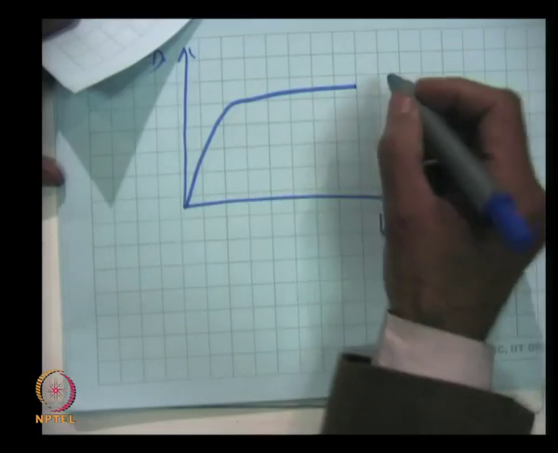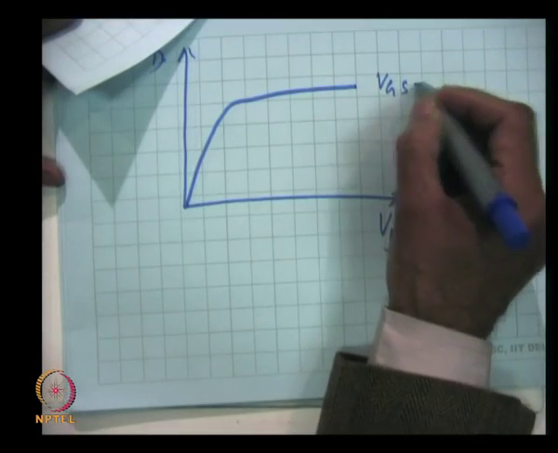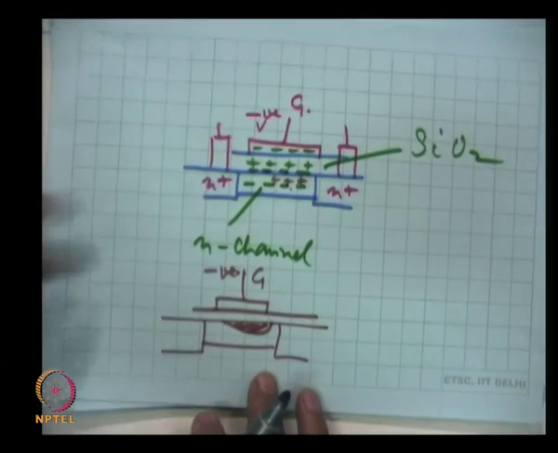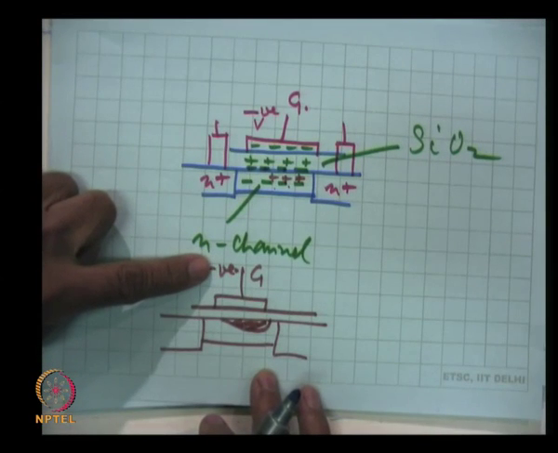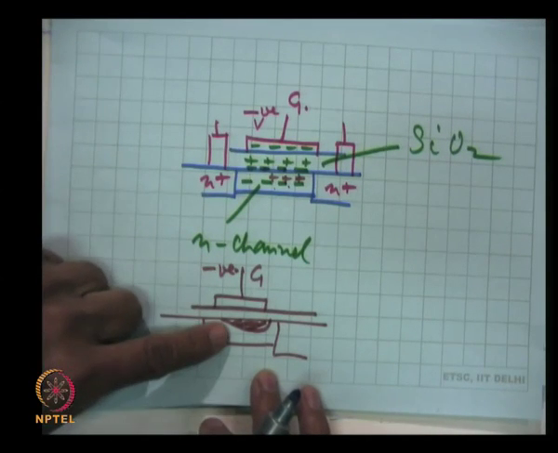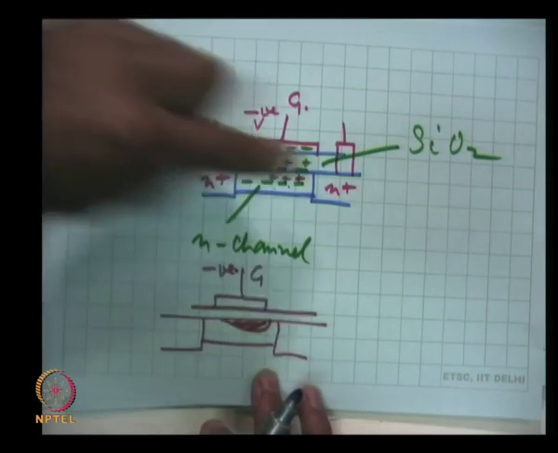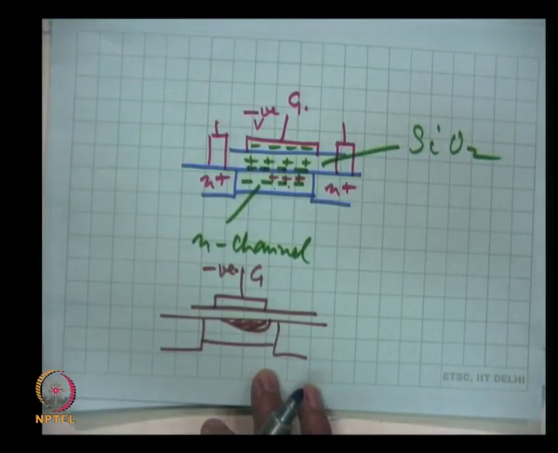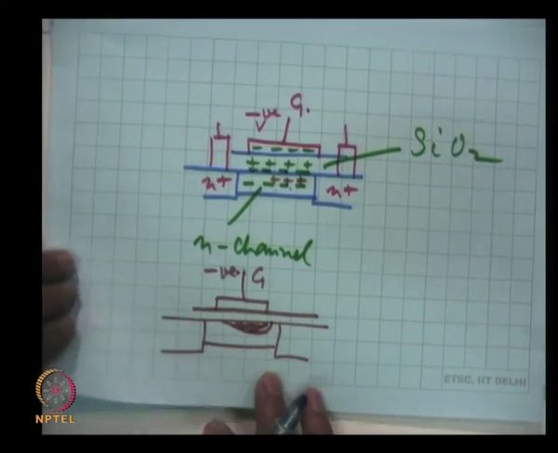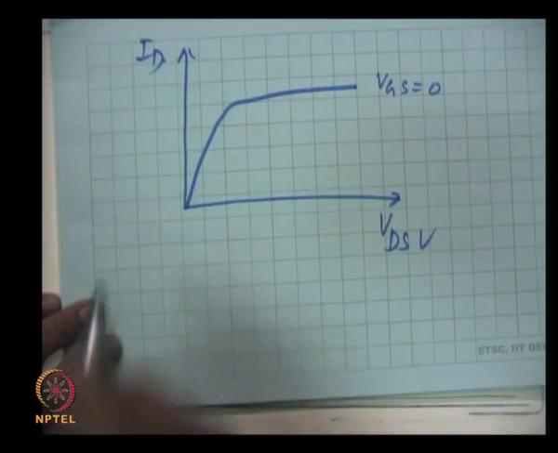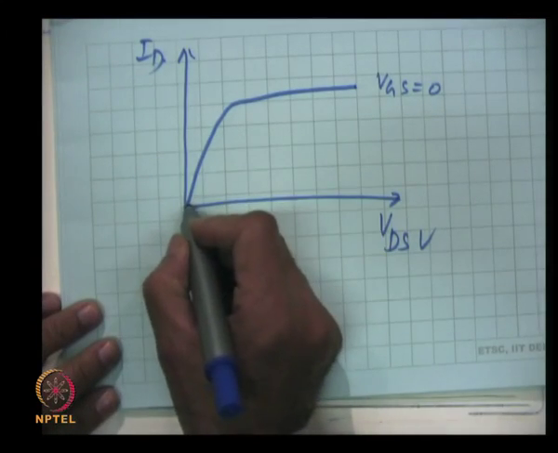and now this is VGS equal to 0. Now, we have given a negative voltage that reduces the conductance. So, for the same drain source voltage, the current will fall, and this way we will get these characteristics.